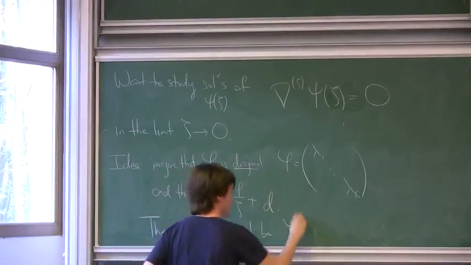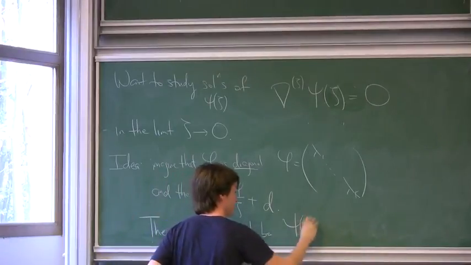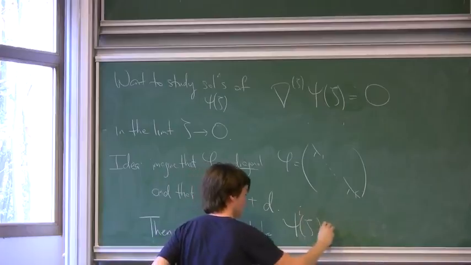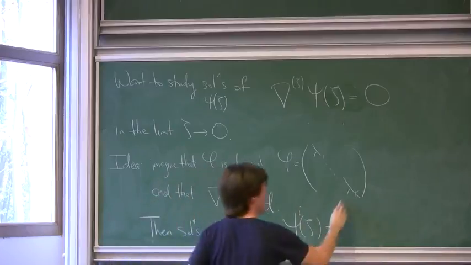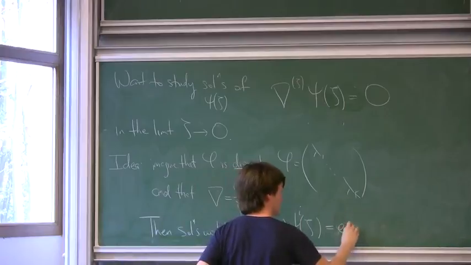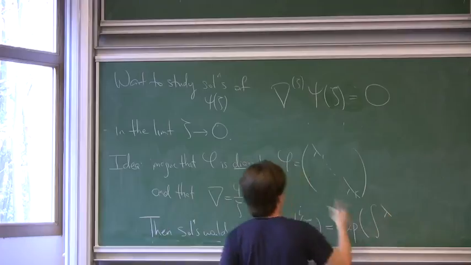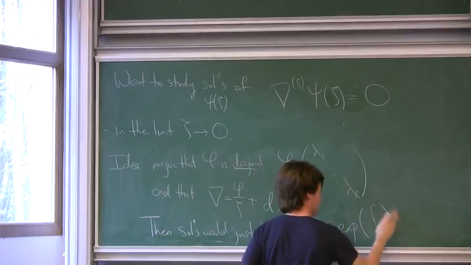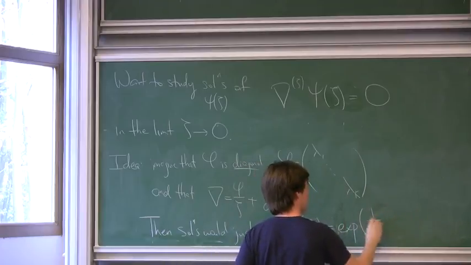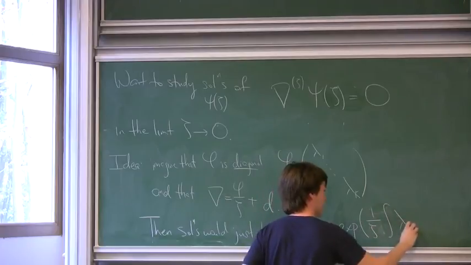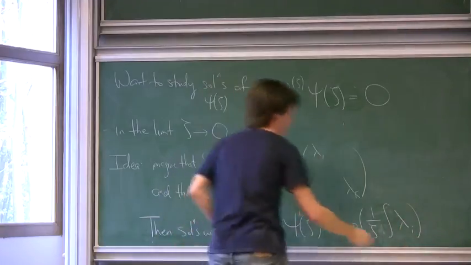So it's completely diagonal, so the solutions would just be, well, we could write a basis of solutions, say psi I of zeta, would be just, well, I just have to take the exponential of 1 over zeta times the integral of the ith eigenvalue lambda I, and then multiplied by the ith basis vector.